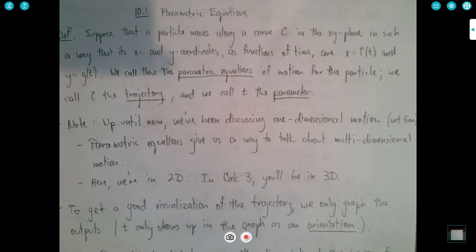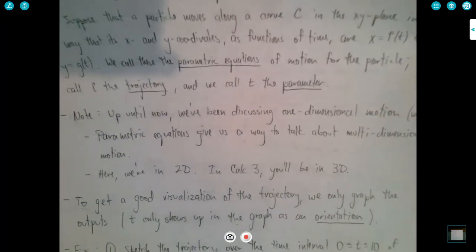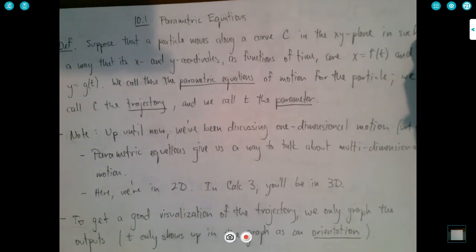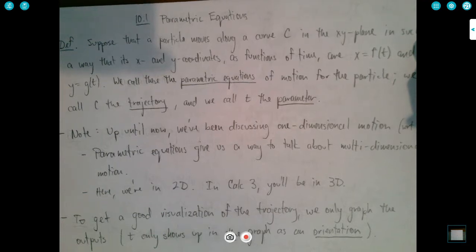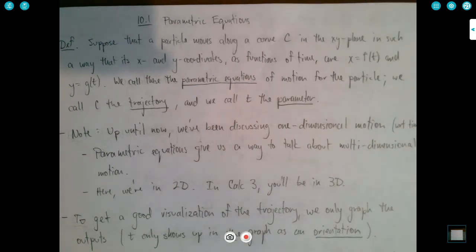So when we're graphing parametric equations, this is something that's maybe a little bit confusing at first. But if we take a step back and think about our 1-dimensional stuff that we have been doing thus far in calculus, whenever we graphed the 1-dimensional motion of a particle, we always graphed it with time along the x-axis and then the displacement along the y-axis.